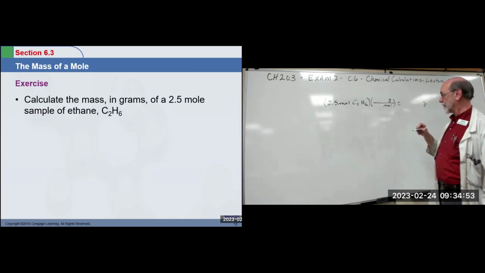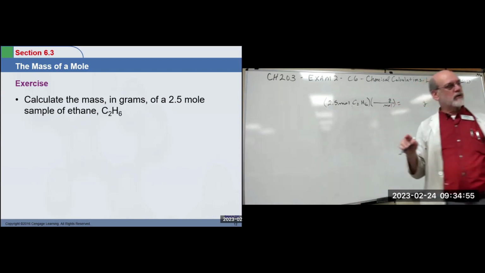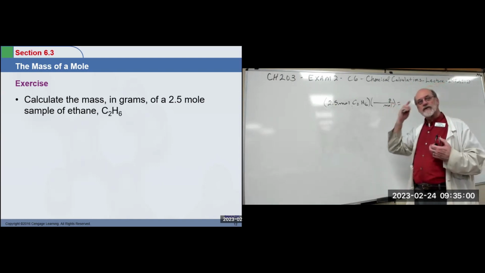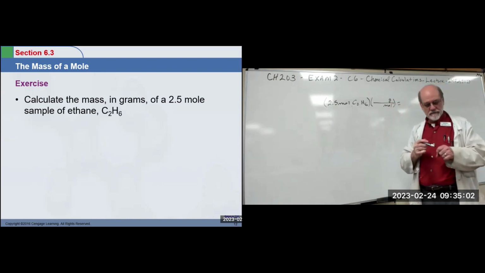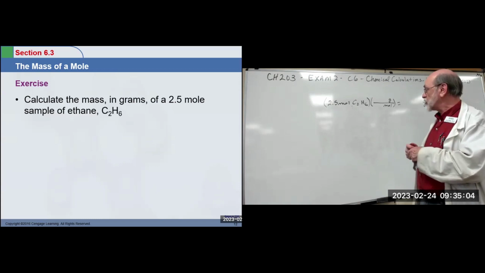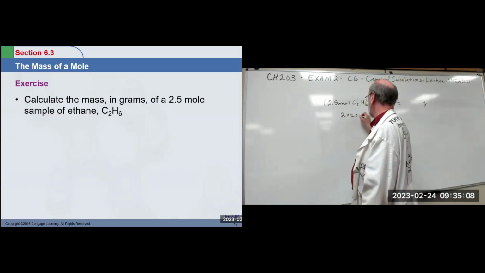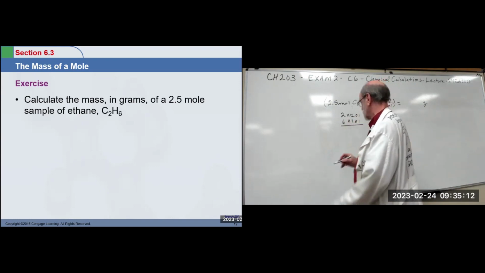Okay. So whenever you see grams and moles in a quotient relationship like this, always think molar mass. So we just need to add up 2 carbons, 2 times 12.01, and 6 hydrogens, 1.01, right?